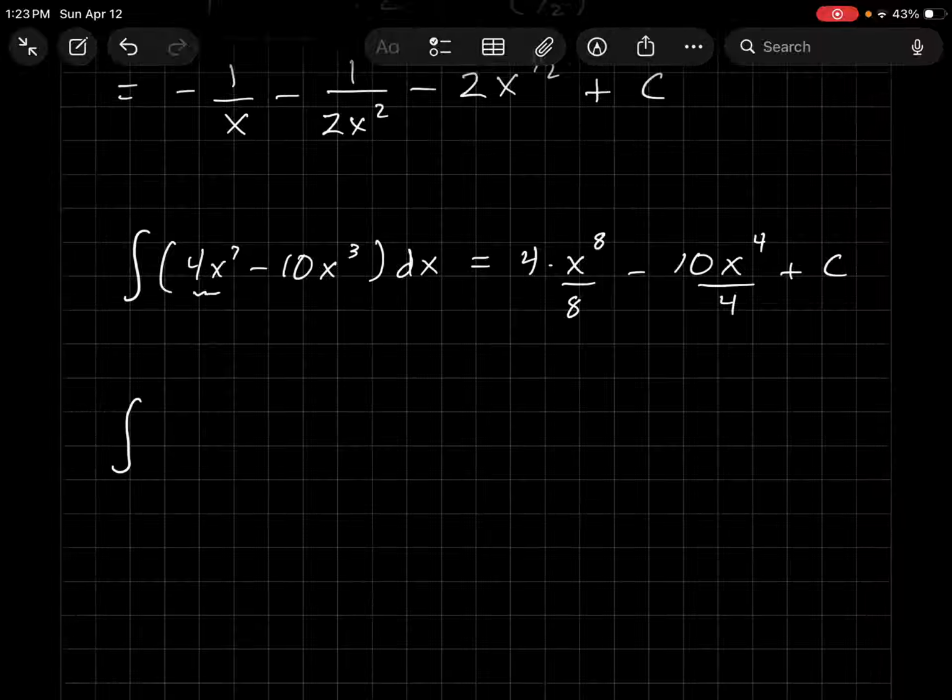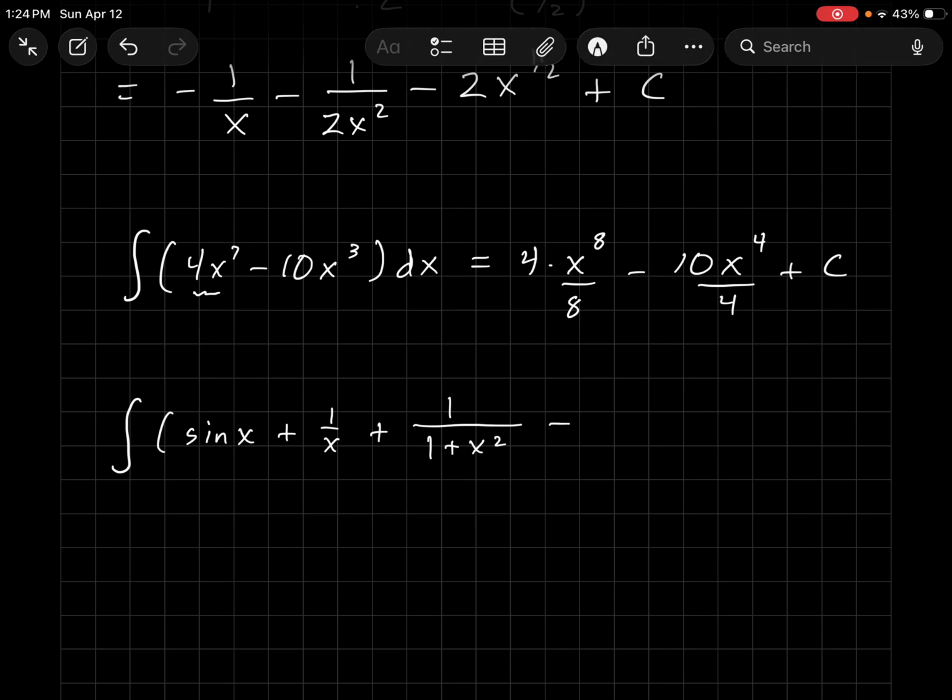How about something like this? What if I want to integrate sine x plus 1 over x plus 1 over 1 plus x squared minus 1 over root 1 minus x squared dx?